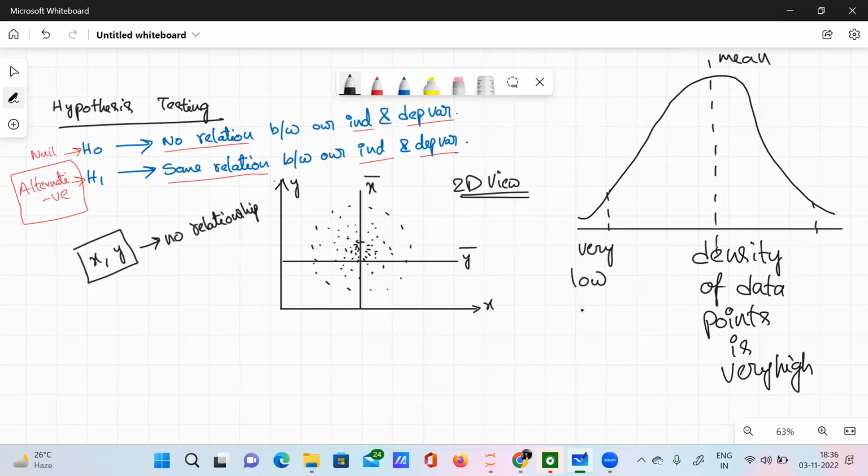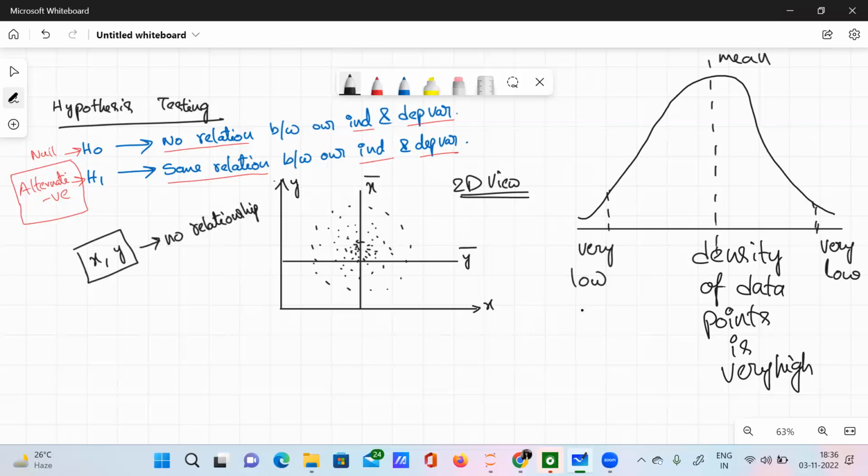Here also, the data points are lying very far from the central value, so we can observe that the density of the data points is very low here. But when the data points are lying exactly at the center, the density would be very high.